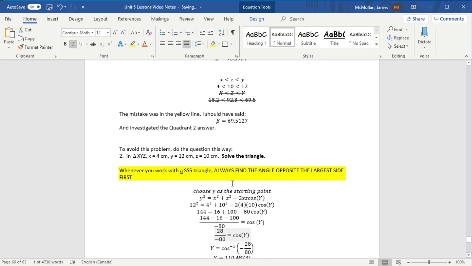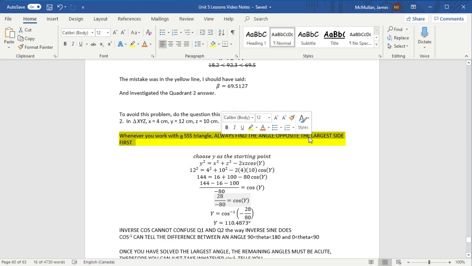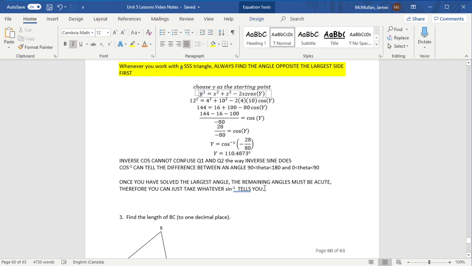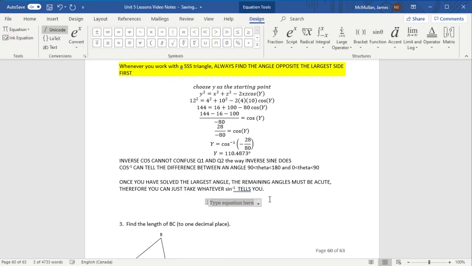Obviously you can make the error if you do the math wrong, but if you do the math right, you can't make the concept error. And that's what I'm trying to talk about. So choose the longest side as your isolated side, and that will tell you about the largest angle. Once you have found the largest angle, the other two angles must be acute, and therefore we can just forget about the rest of it.